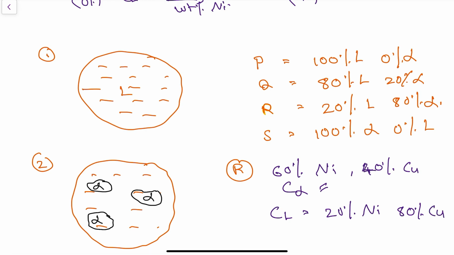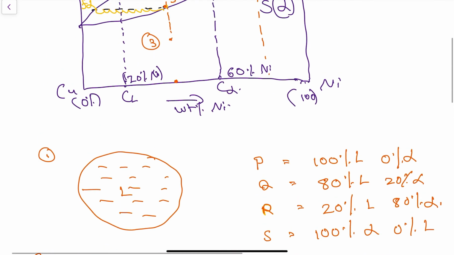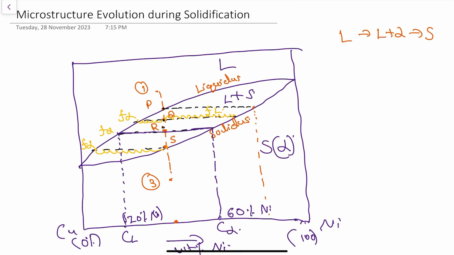So this is how you find the composition of the phases using the tie line rule. And this is how the microstructure evolves, and you will be able to find the composition of the alpha that is forming each time.